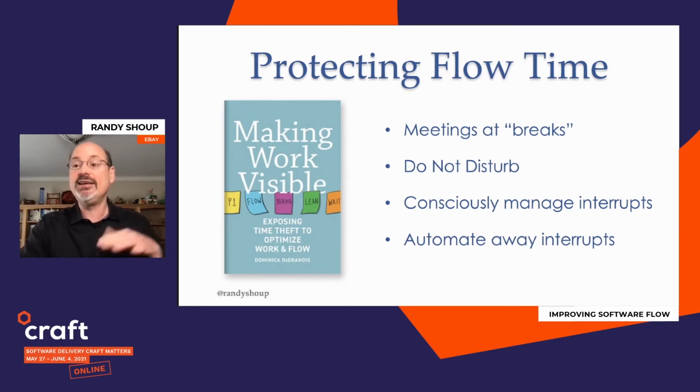It needs to be affirmatively okay for people to say, I am heads down doing work, please don't disturb me unless it's an absolute emergency. Then for individuals, consciously managing the interrupts that they have. And from a team and improvement perspective, look in a scientific way at all the reasons that my developers are getting interrupted, and automate them away or define them away by putting meetings at different places.